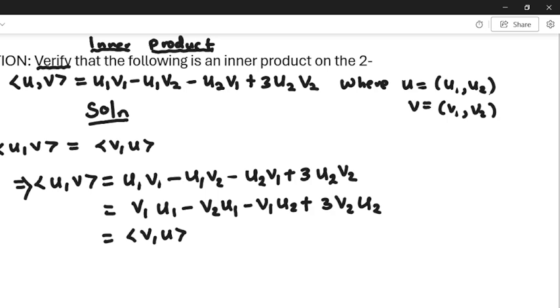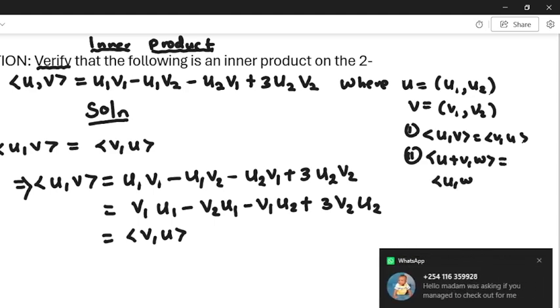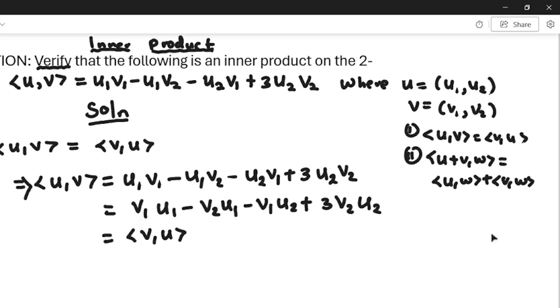So we have axiom number 2. Or maybe I write the axioms for you here. Our first axiom is that <u, v> is <v, u>. Our second axiom is that <u + v, w> is the same as <u, w> plus <v, w>.